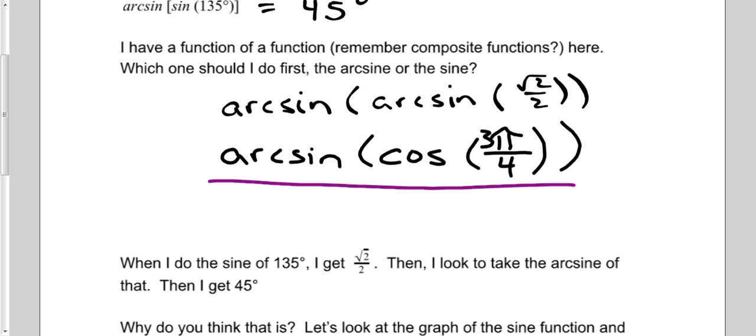What angle produces negative root 2 over 2? Down here, right? Negative sine would be down here. That's negative 45 degrees, right? 45 and 45 are complementary angles, are they not? So you see, that's just kind of an intuition about what sine and cosine do.